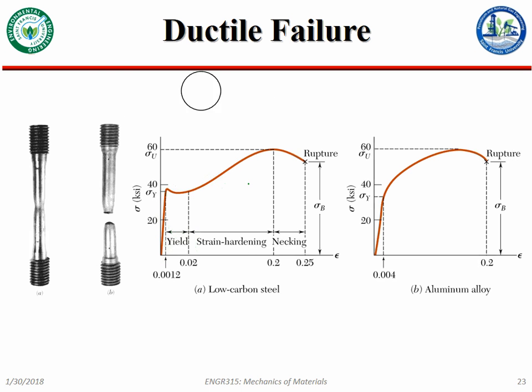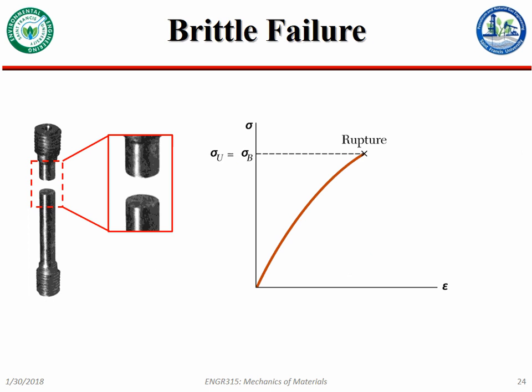All right. So that's ductile failure. Brittle failure. This is so cool. This is so cool to me. Brittle failure is interesting because the two surfaces are virtually flat. Like if you break a piece of glass, anyone here broke a piece of glass before?